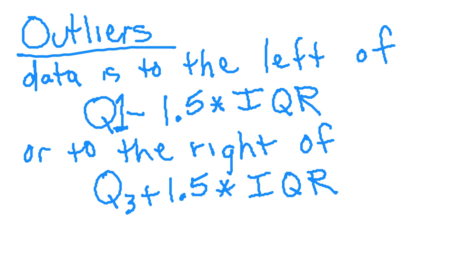So any data that is outside those bounds are outliers.